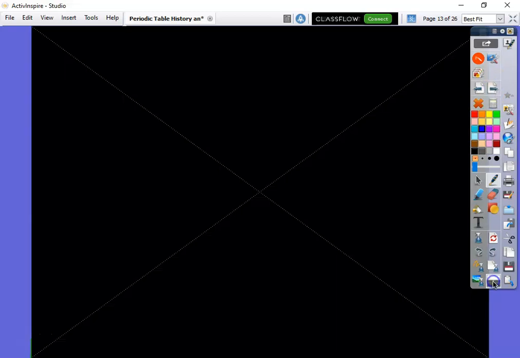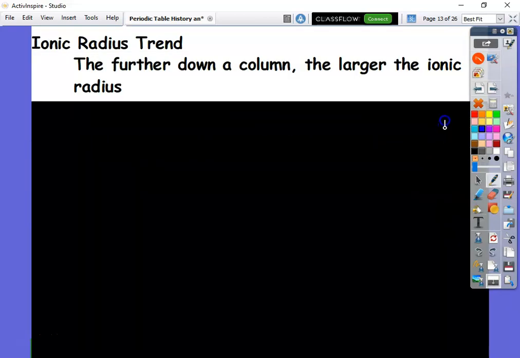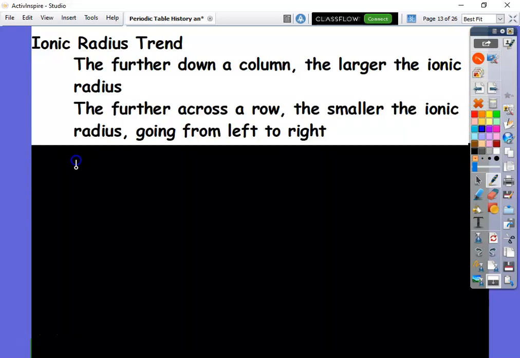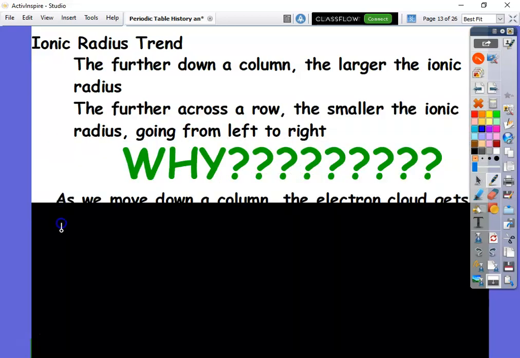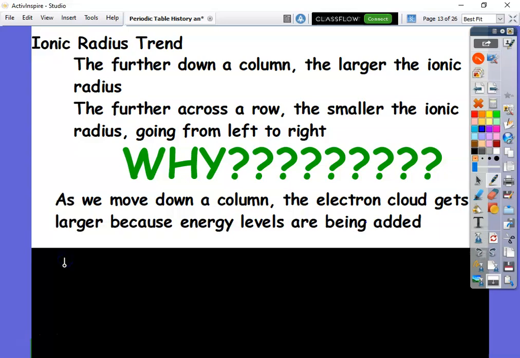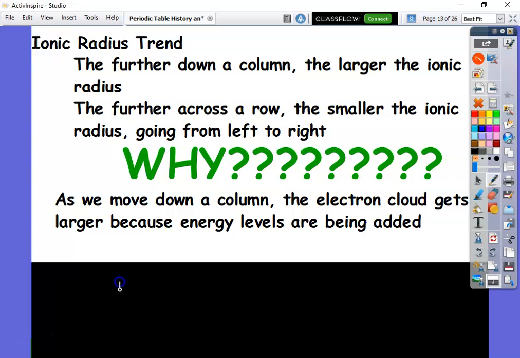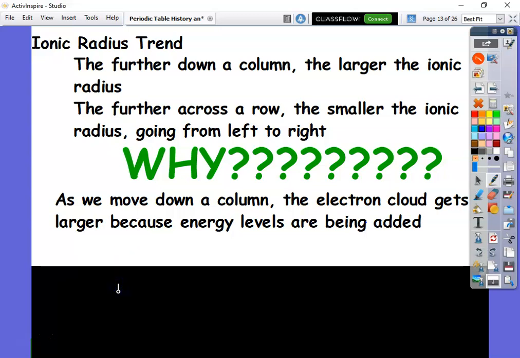Now, the trend in the size in general: the further down a column we go, the larger the ionic radius, and the further across a row, going from left to right, the smaller the radius. Now, the why is the same as it was for atomic radius. As we go down a column, the electron cloud gets larger because energy levels are being added. It doesn't matter that these are now charged atoms that we're talking about.